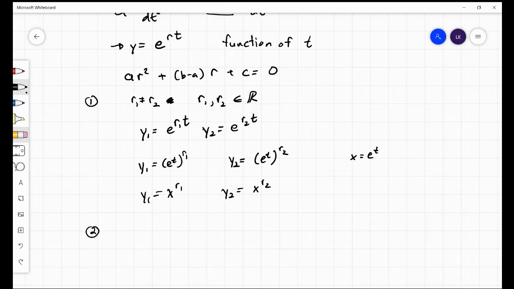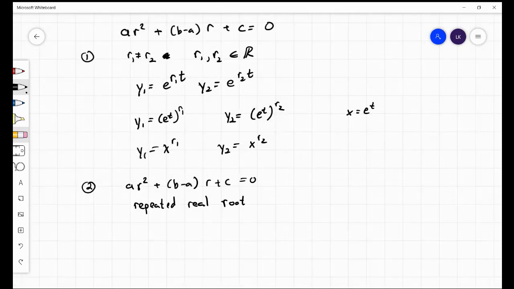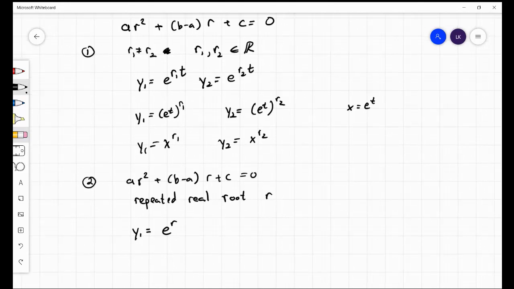Number 2, again we have our characteristic polynomial, but this time we're going to have repeated roots. The fundamental solution set for y as a function of t, we know, is going to be e to the rt, let's say a repeated root is called r, and the second solution is going to be t times e to the rt.